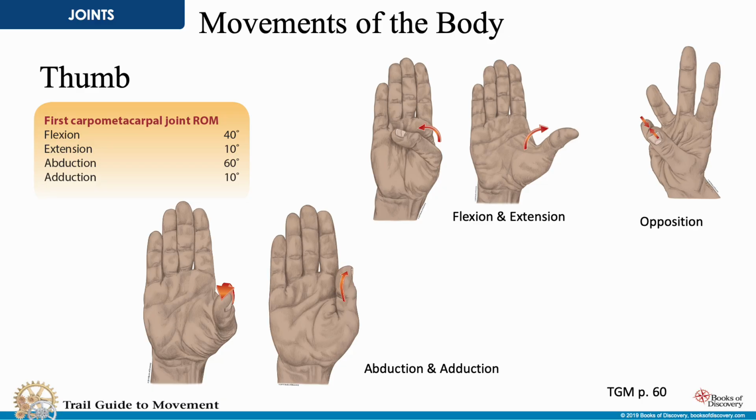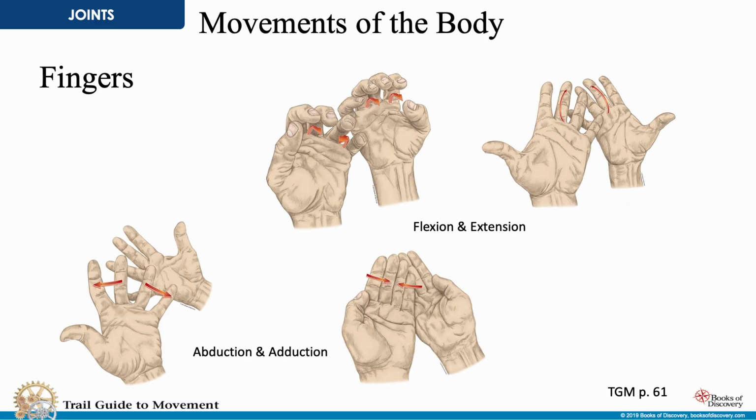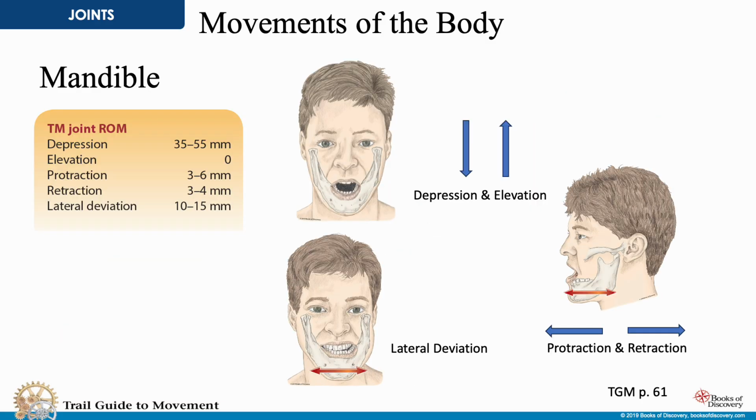Here we are showing flexion and extension of the thumb and abduction and adduction of the thumb. These rules that we talked about previously with flexion and extension and adduction are shown here with the fingers as well.